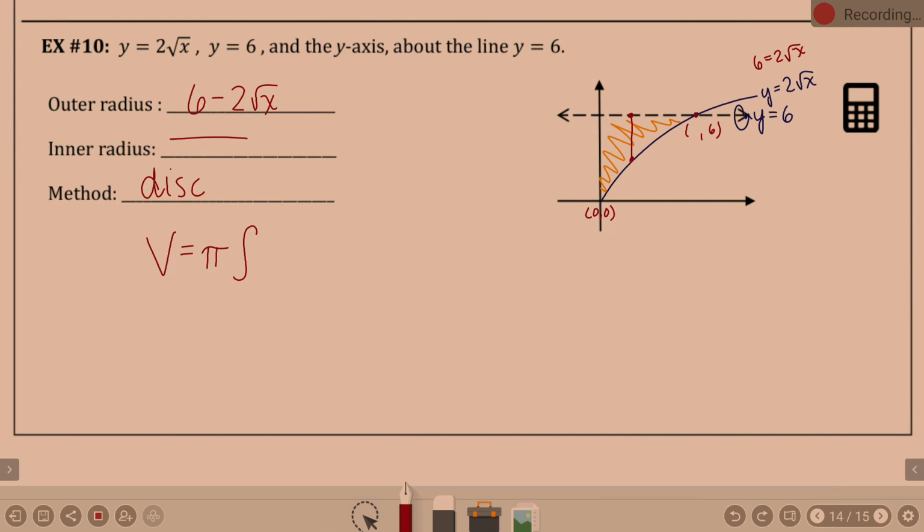Square root of what is 3? And that is a 9. And we're working in terms of x. So 0 to 9, 6 minus 2 square root of x, quantity squared, dx. 169.646.